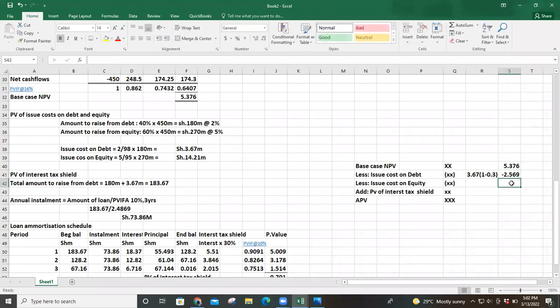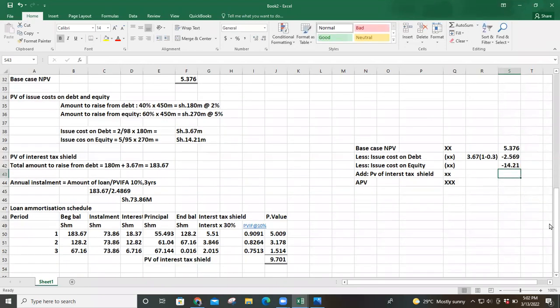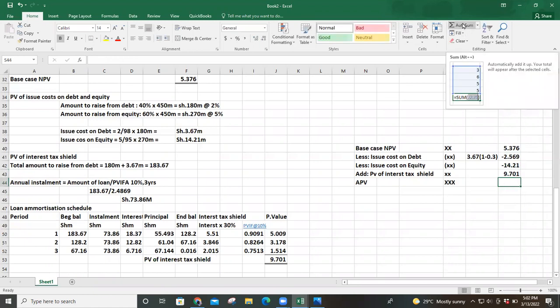Then we have the issue cost on equity, which is 14.21. And we add the present value of interest tax shield, which is 9.701. And that, of course, gives us our adjusted present value.